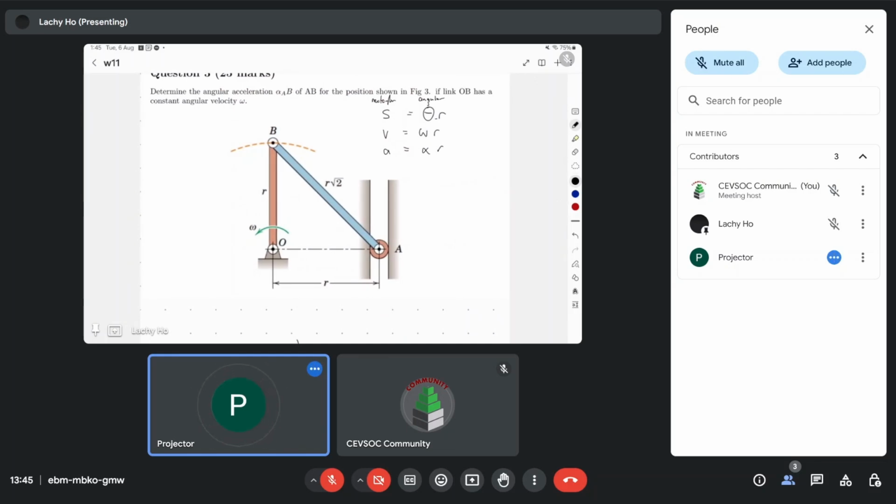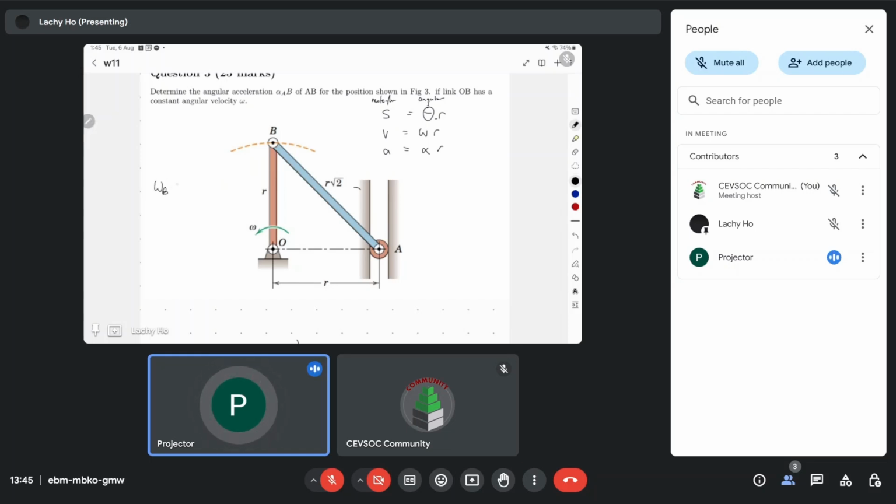So we want to figure out, as B moves, how does A move? Also, how does AB move? Okay, so let's just look at B itself. So when OB rotates, OB is moving at a constant angular velocity W. So that means, let's just write that down.